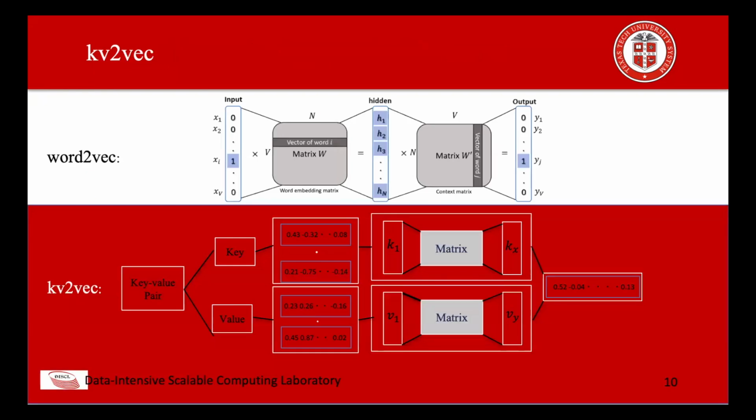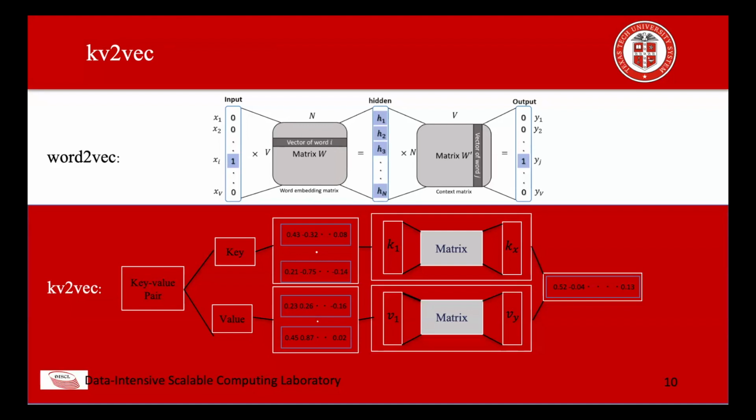So here's the diagram of key-value-to-vec and word2vec. The first half is word2vec. They are used to capture the relationships between two words, and you can use the hidden matrix to keep capturing different words, and then you can have a continuous vector space to represent one word.